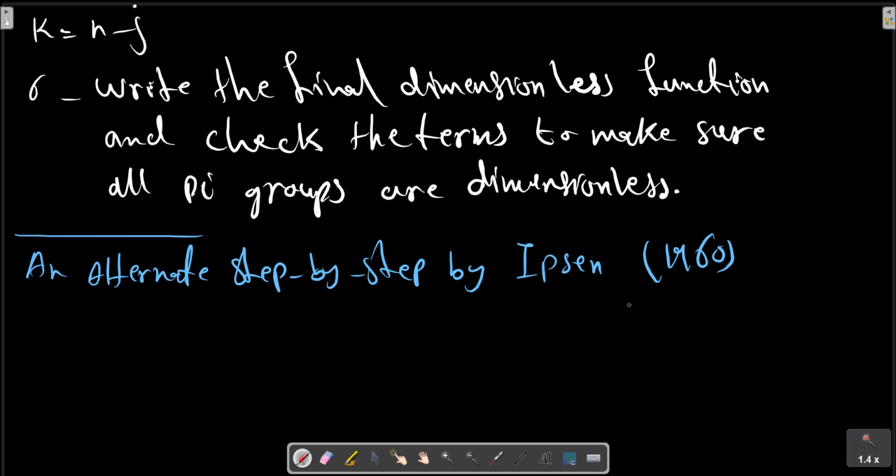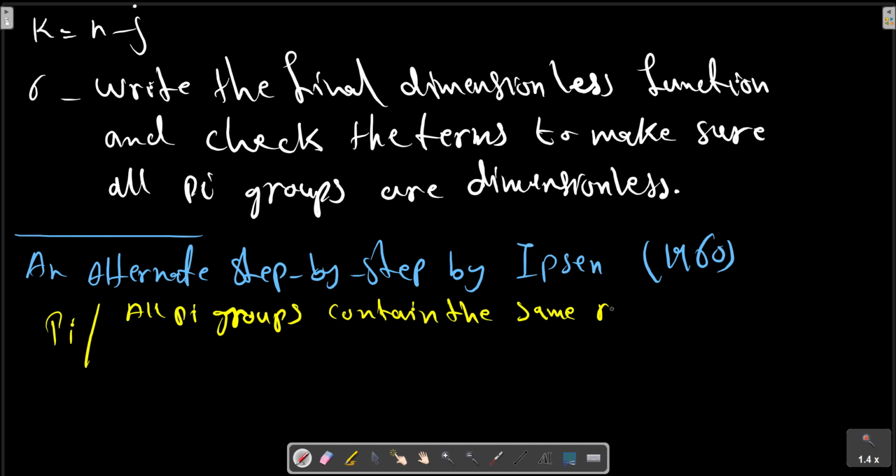However, there are drawbacks: all pi groups contain the same repeating variables and may lack variety or effectiveness, and one must check that the selected repeating variables do not form a pi group among themselves.